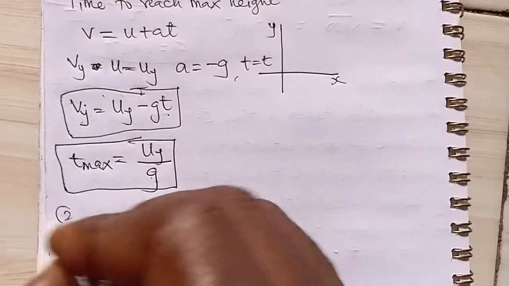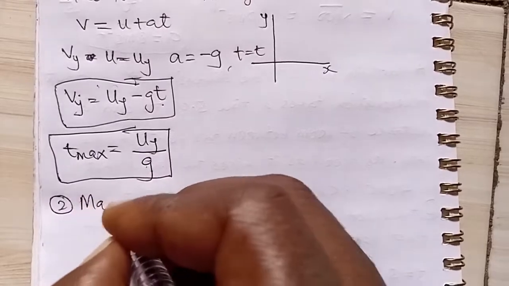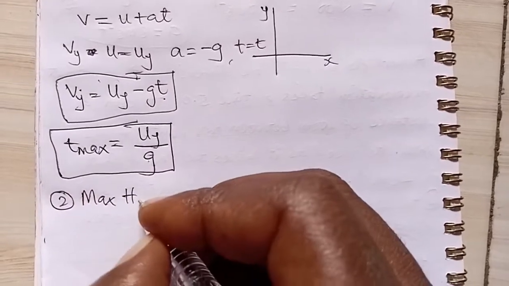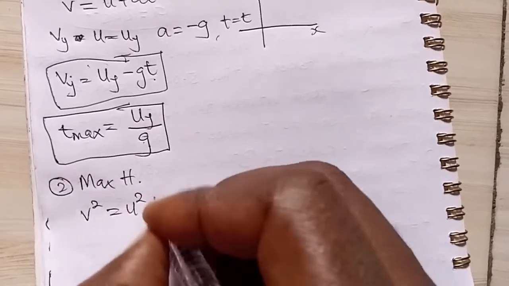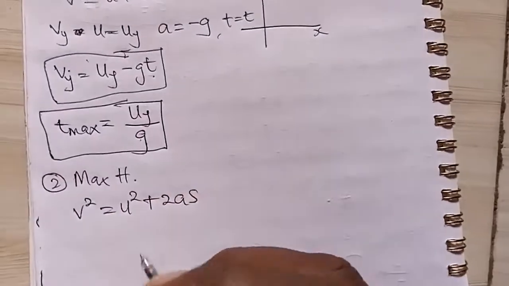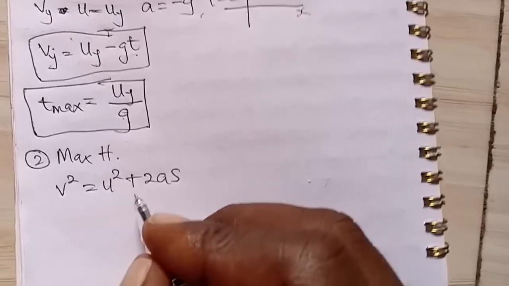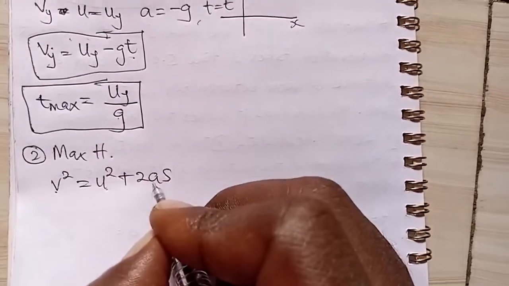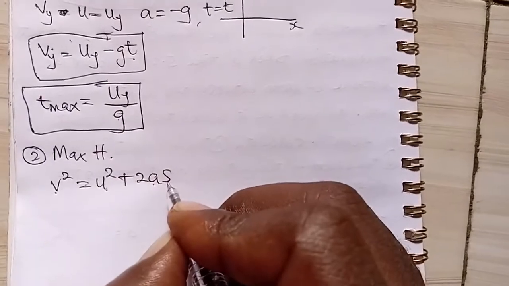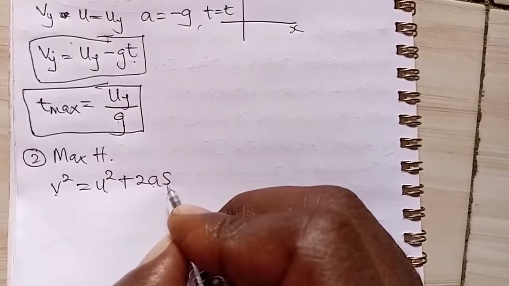Another thing we can calculate is the maximum height. So at maximum height, if we consider this equation from motion, v squared is equal to u squared plus 2as. Now this is vy, this is uy, this is negative g, and this is now h. The distance covered is now h, height.